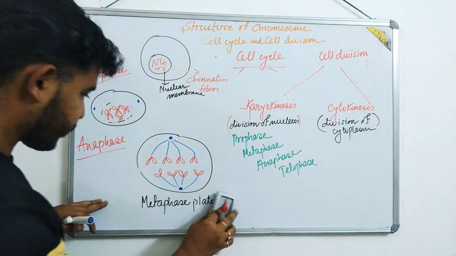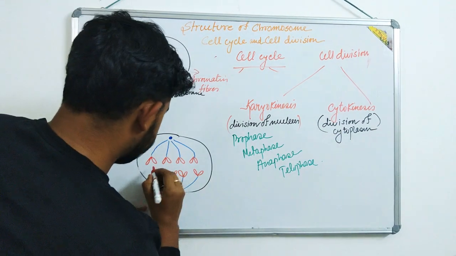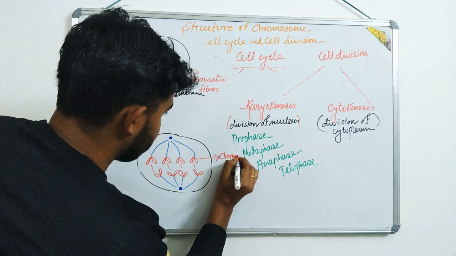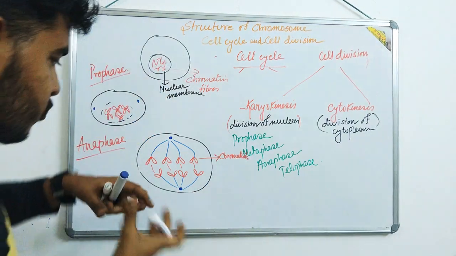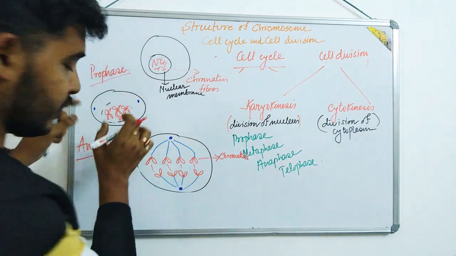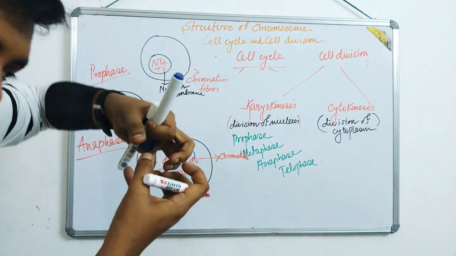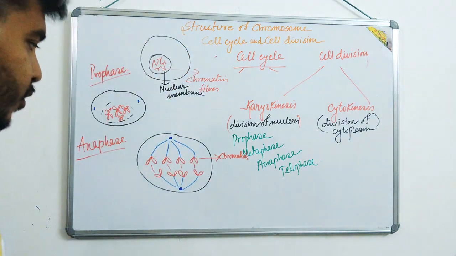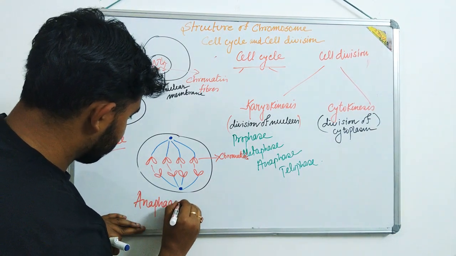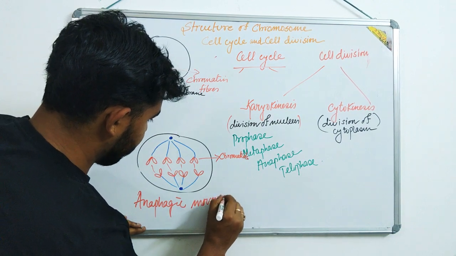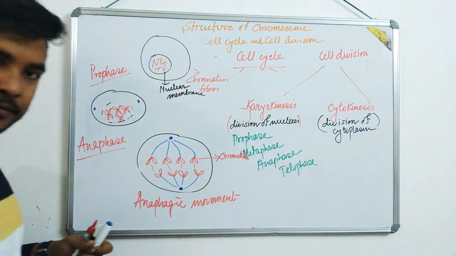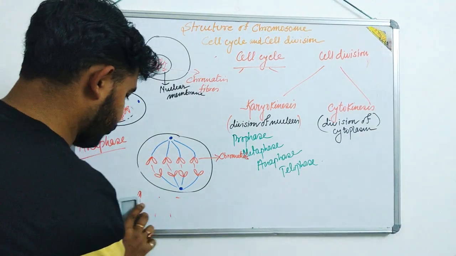What happens? These are now chromatids, and these chromatids start going to the two poles. These were the chromosomes; they get separated and are attracted to the opposite poles. We call it anaphasic movement, a movement to the poles. This is the anaphase, just a small intro of anaphase.